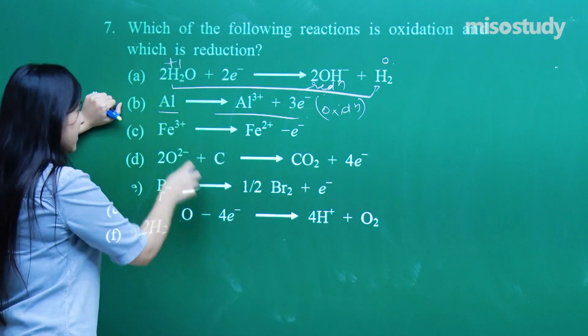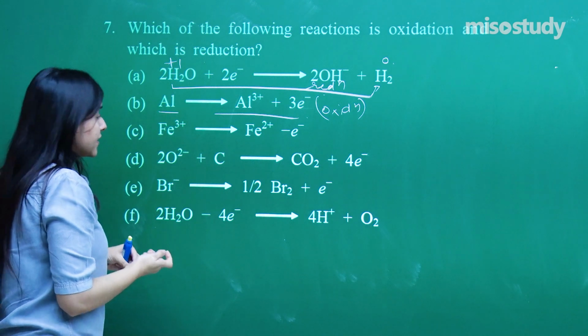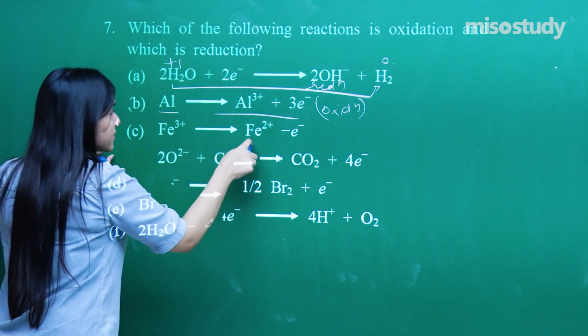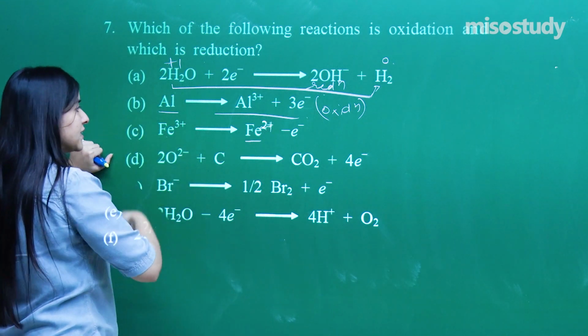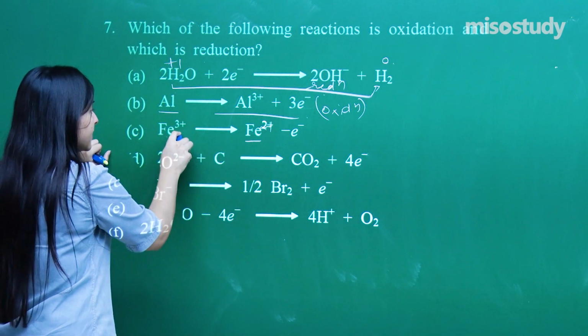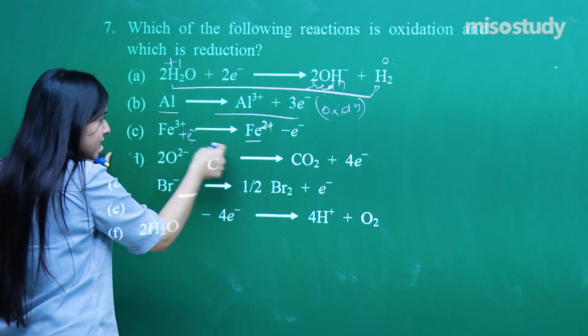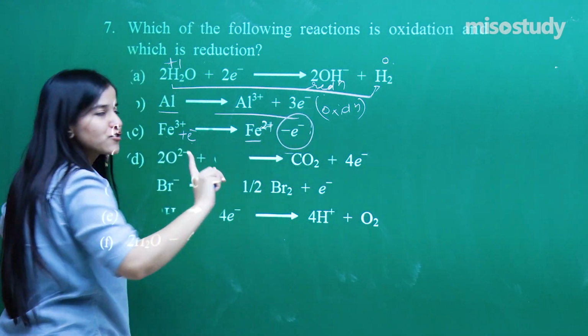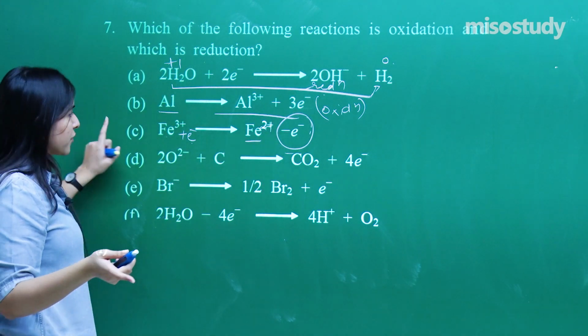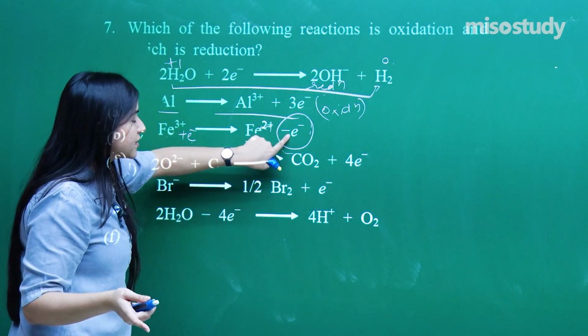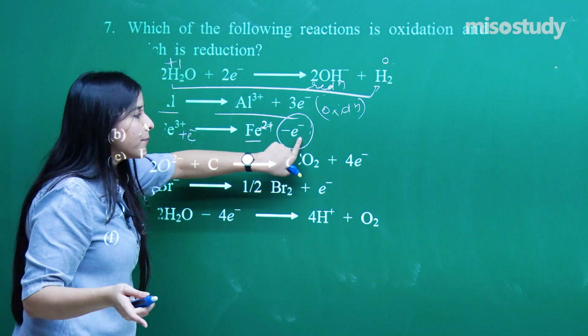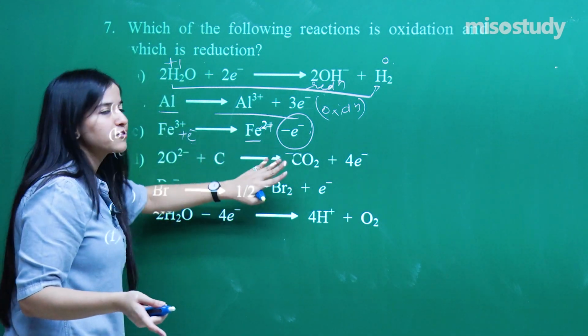Easy. Fe3+ is actually getting to Fe2+, right? It is actually taking up electrons. The electron has been written over here just to confuse you. Because if it's going to gain the electron, I need a -1 electron so that I equalize the two sides.